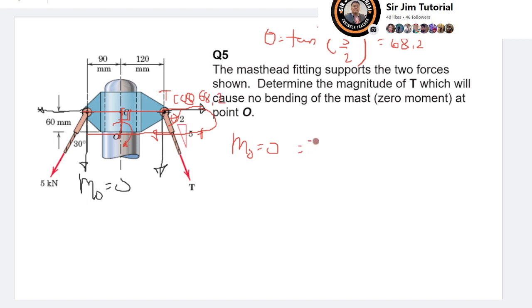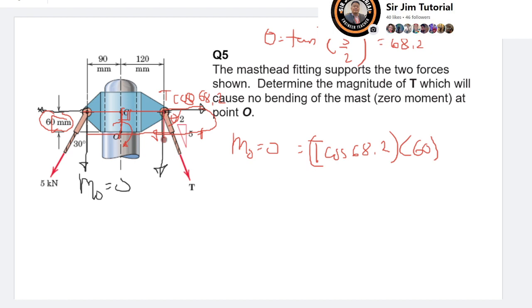So you have here T cosine of 68.2. I'm going to multiply with this distance, 60 millimeters. You can have here 60.